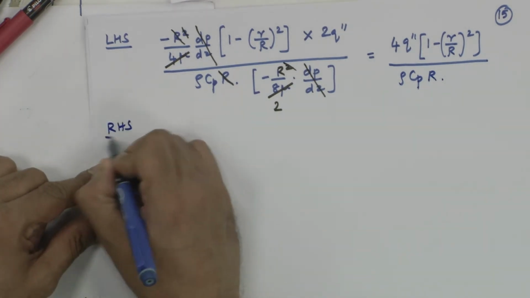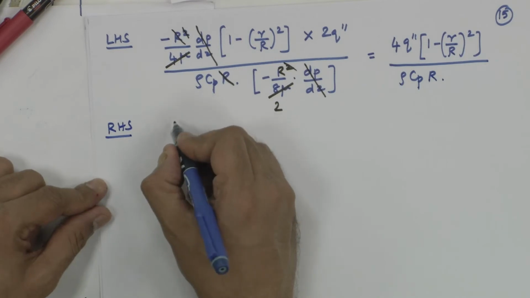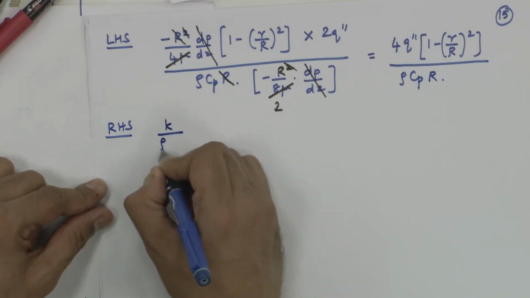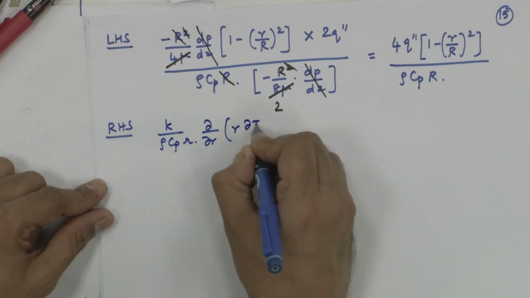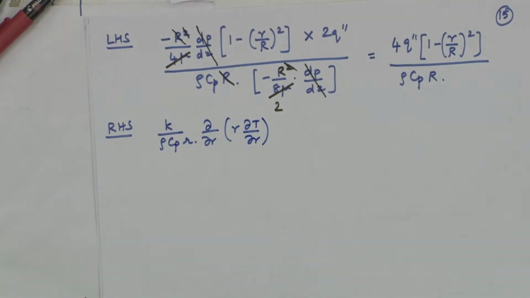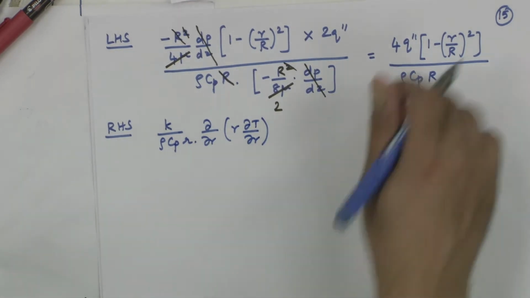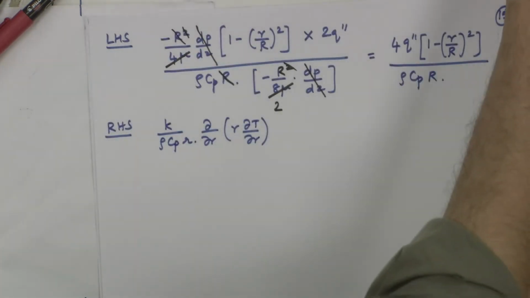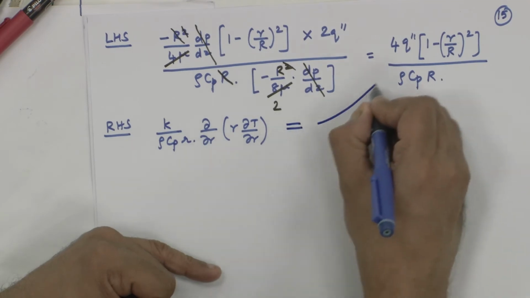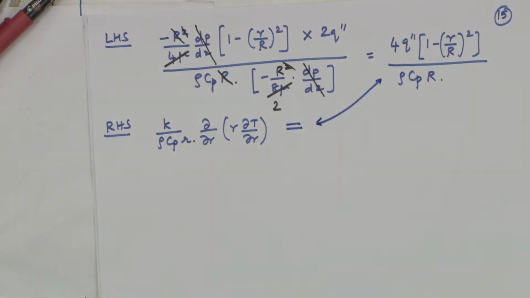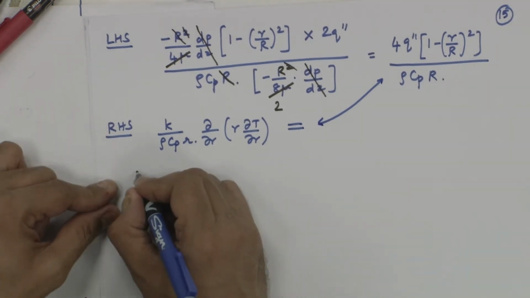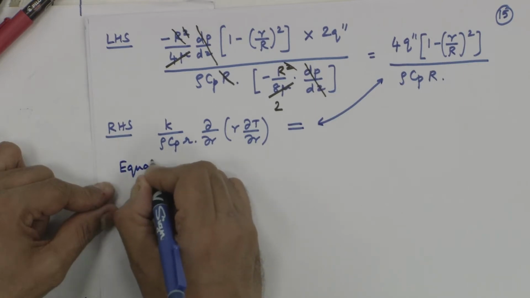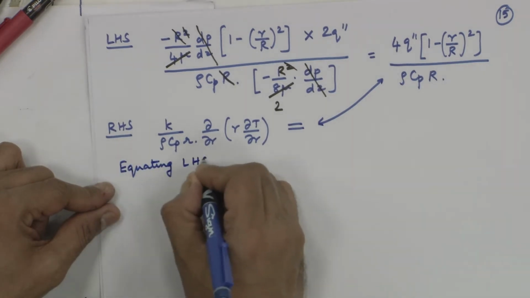What is my right hand side? Right hand side is k over rho Cp r d by dr of r dT by dr. This is equal to this quantity. So, I am merely going to equate these two. I write left hand side equating LHS and RHS.